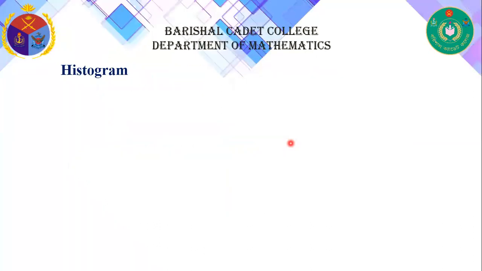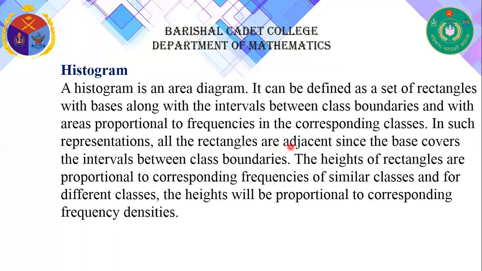Now, first histogram. A histogram is an area diagram. It can be defined as a set of rectangles with bases along the intervals between class boundaries and with areas proportional to frequency in the corresponding classes.